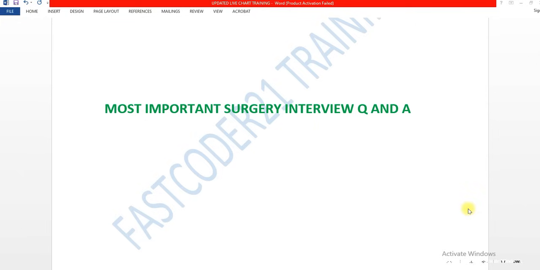Among maxilla and mandible, which is movable? Mandible. So maxilla is fixed. When you open your mouth, the mandible is moving down. Okay.